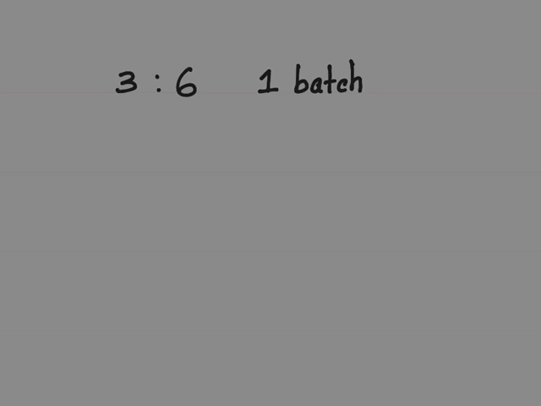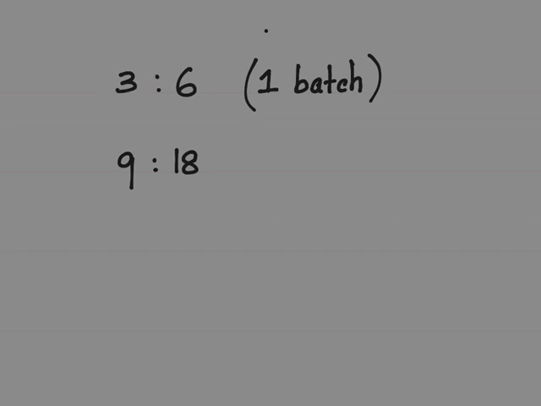So next question: 3:6 is the value for one batch. What you have to find is, the 9:18 ratio is for how many batches. So you see how many 3s go in 9. This 9 is 3 times the first number, right?